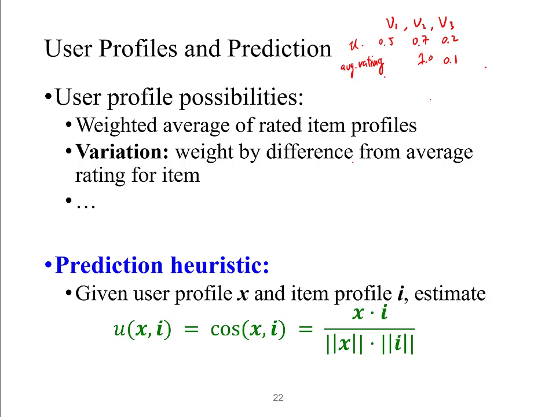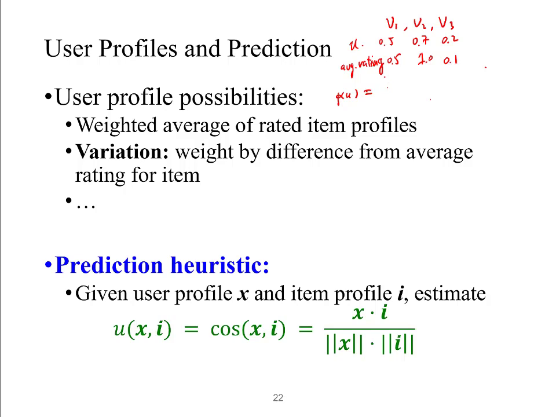Now, actually, it helps to give a more to maintain the fairness between different items. Right? So as an example here, in this case, the profile of u would be weighted by the difference of the average rating.